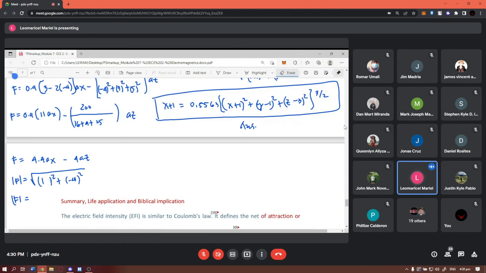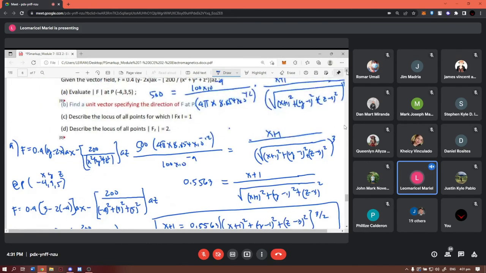What's the answer? 5.95. Same lang. Ayan, answer. Madali lang. I-define mo lang. Ang mahirap yung kanina. Okay? Pag vector field, madali lang i-define.